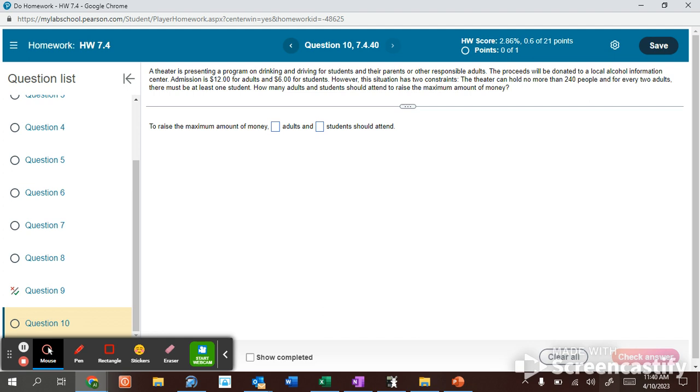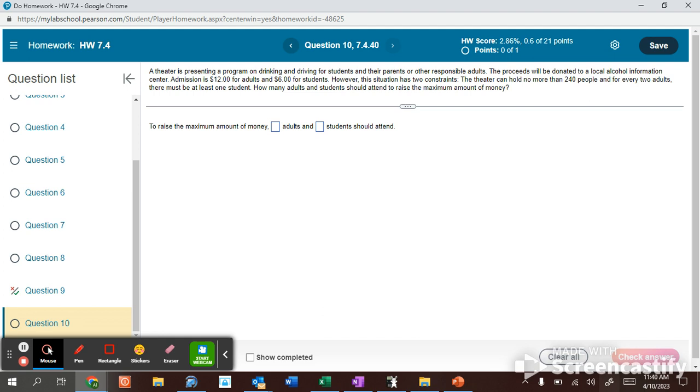So to make this equal to each other, you need 2 times that. So 2 times the number of adults equals 1 times the number of students, because you make more money off of adults. So if you have at least, if this is greater than or equal to, you wouldn't need very many students. So it has to be less than or equal to. Okay? All right. So these are our constraints.